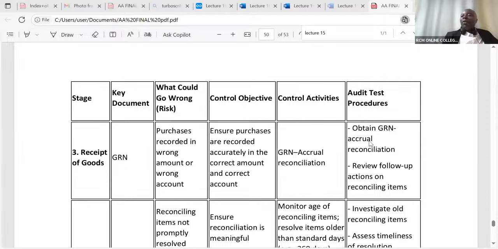All right, now please listen. So we are looking at the audit test procedures. Obtain the GRN accrual reconciliation, obtain it yourself. Whenever you talk of reconciliation, then you must always also review something else. Of course, ladies and gentlemen, whenever reconciliations are being done, we will not be able to tie up everything.